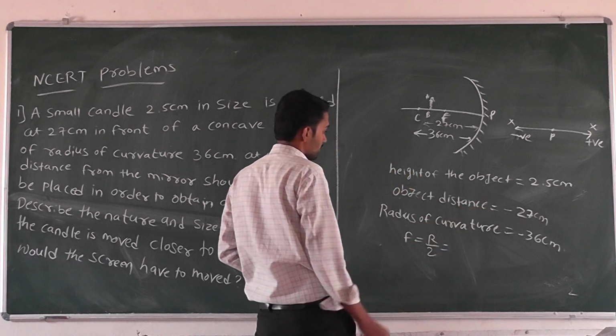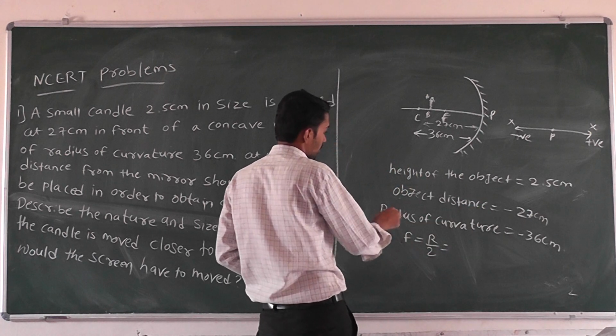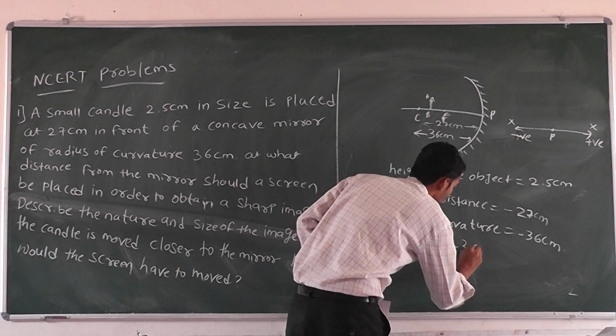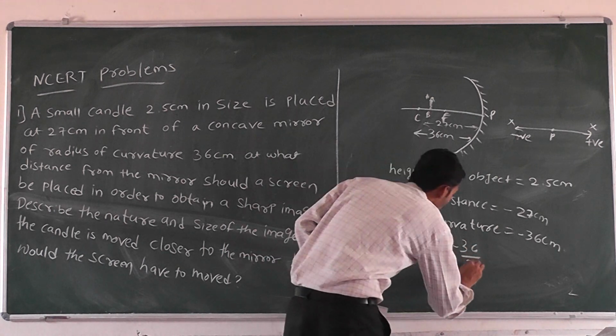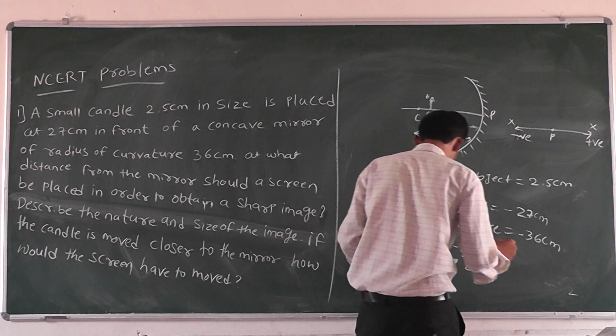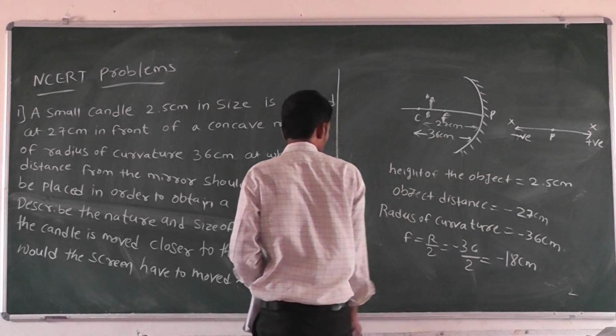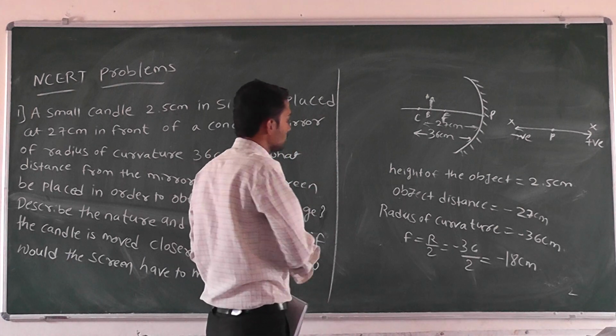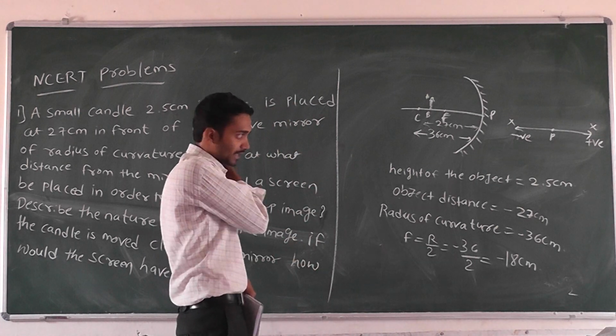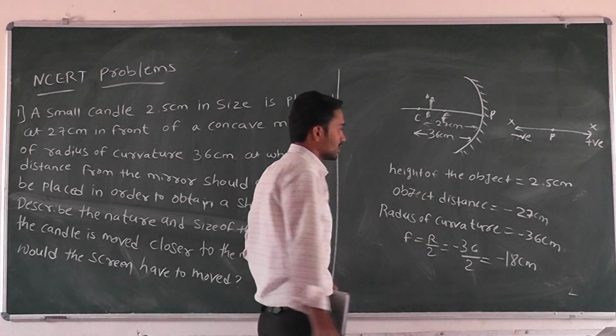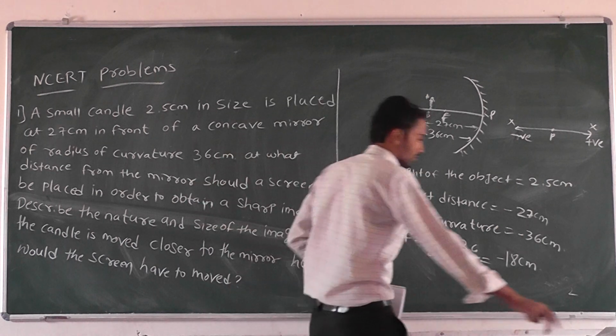What is the radius of curvature? Minus 36 divided by 2, 36 by 2 is 18 centimeter. So F is equal to R by 2, minus 36 by 2, so we get minus 18 centimeter. So these are the given values.